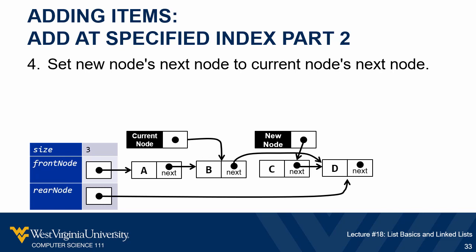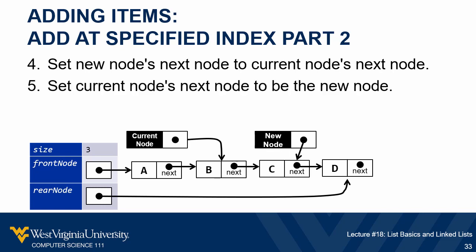So the next node after our current node is D. So we're going to set node C's next node to also be D. That way we can get from our new node to everything else that's going to come afterwards in the chain. And then we're going to go and finish hooking our new node into the chain by setting the current node's next node to be our new node. So now we'll be able to go directly from B to C and then C to D. And to finish wrapping things up, we just need to go and increment the size field.